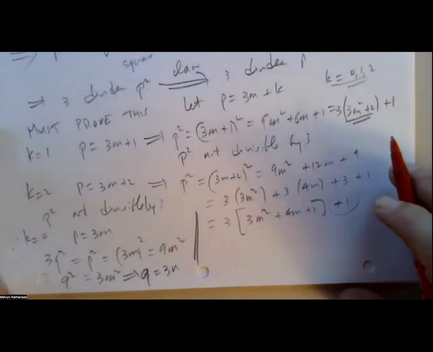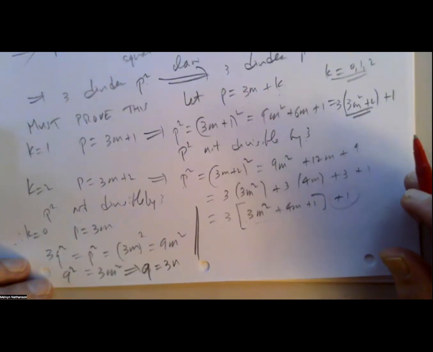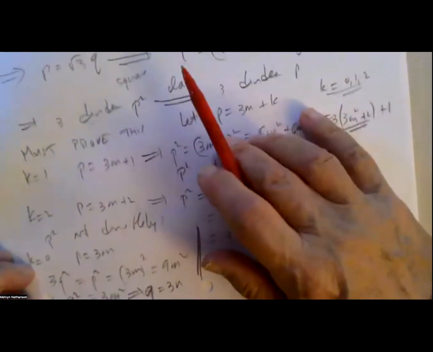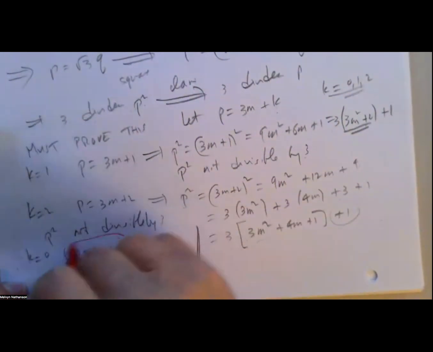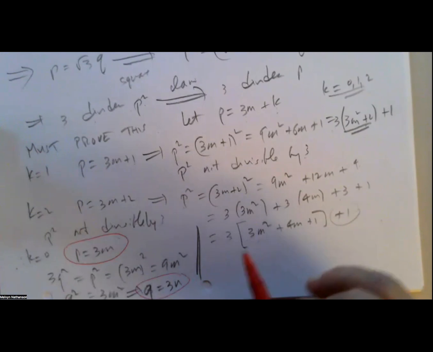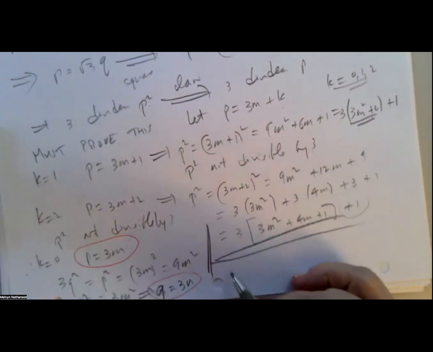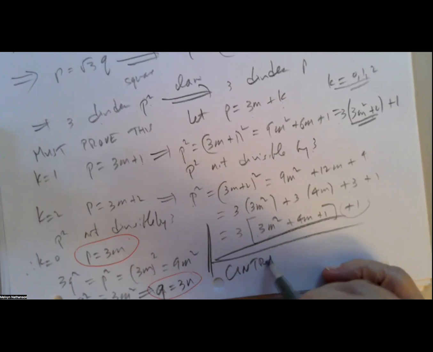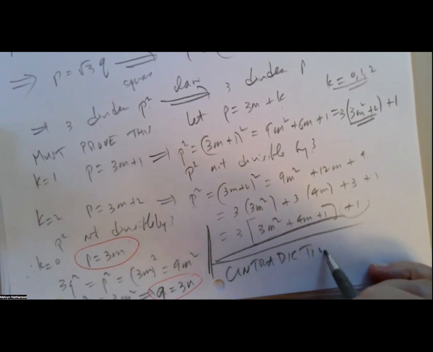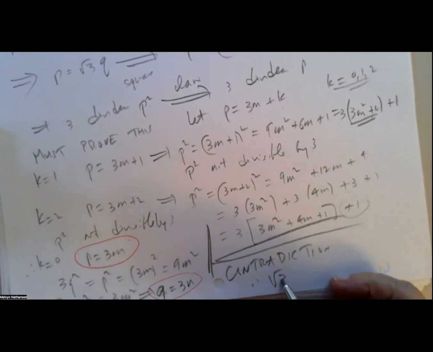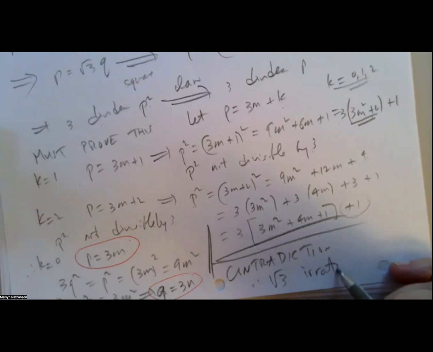So if the square root of 3 is p over q, then p is 3 times some number, q is 3 times some number. So p and q are not relatively prime, and that's a contradiction. So therefore, the square root of 3 is irrational.